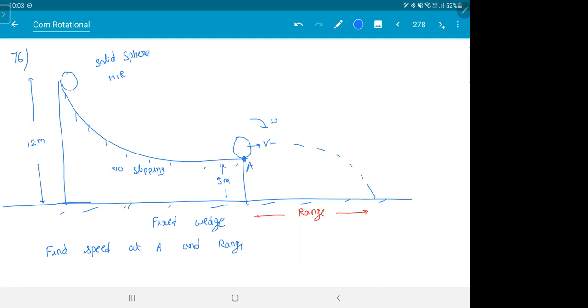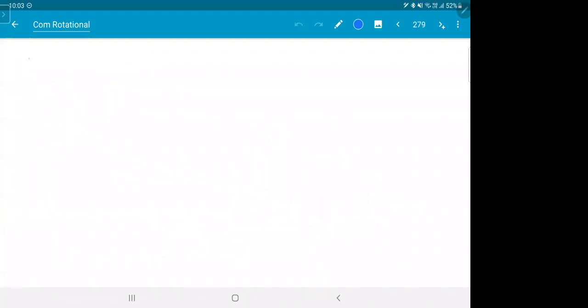Hope everyone got the speed 10. Look at the first part. Energy in state 1: potential energy mg12, kinetic energy is 0.